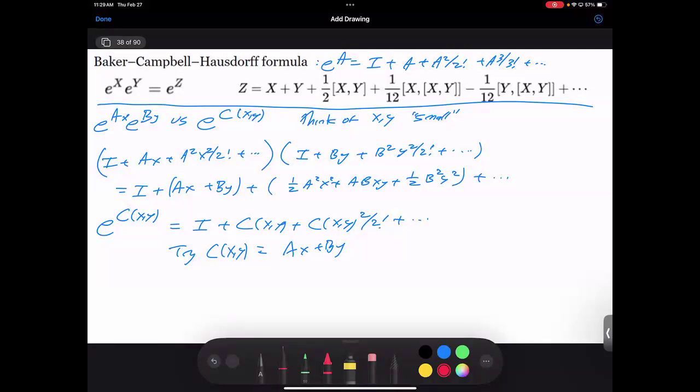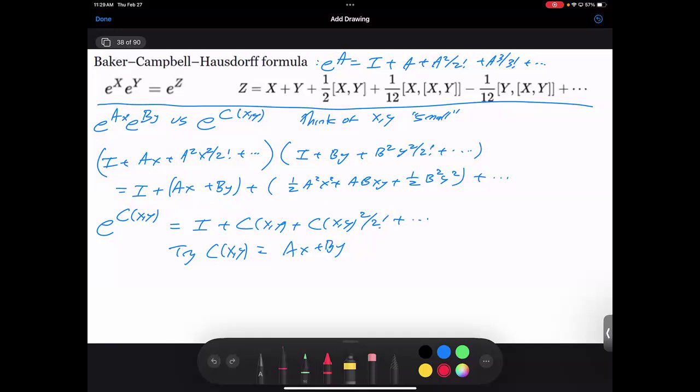If we look at this, it's got to equal I plus ax plus by. So it seems like when I'm expanding things out, this should be the only term involving just x and y. Because if I look at this term, that's going to be squaring things. So if I have an x, it's going to be at least an x squared. If I have a y, it's going to be at least a y squared. Or I could have an x times a y, it'll be an xy. That c of xy term cannot impact anything in the order-one terms.